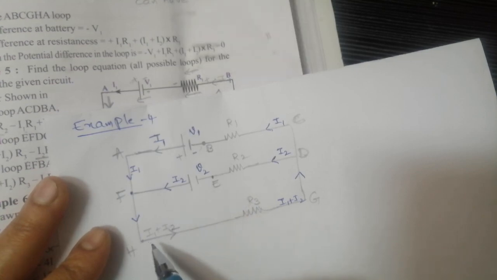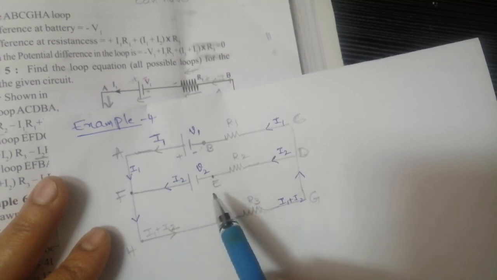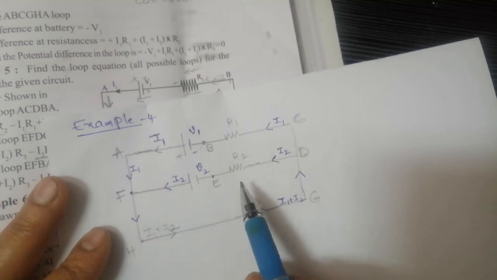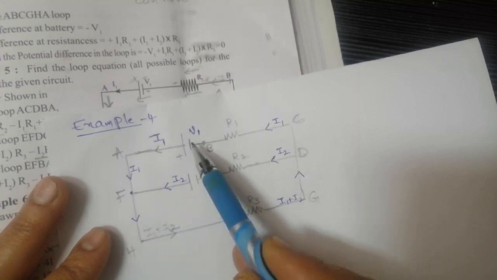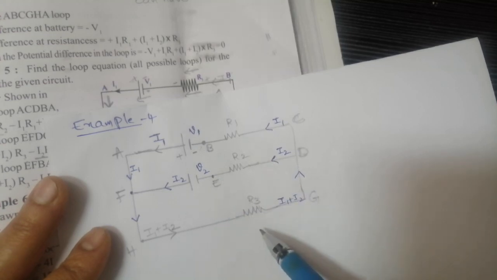Before writing the loop equation, we will understand the flow of current, that is, the path of the current. In this electrical circuit, two cells and 3 resistors are given.